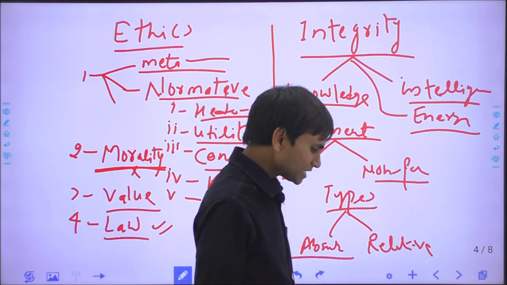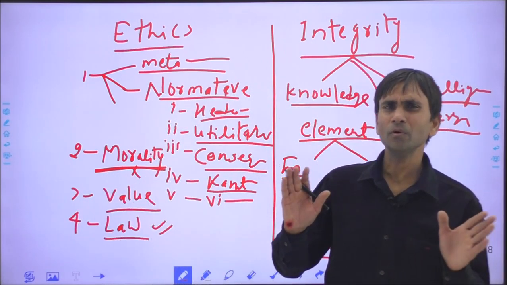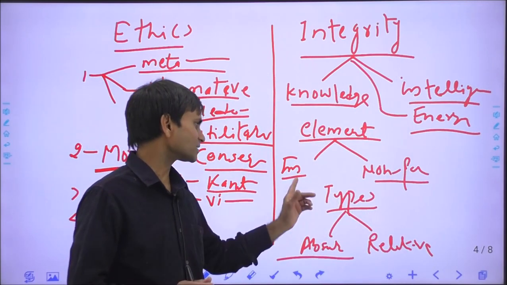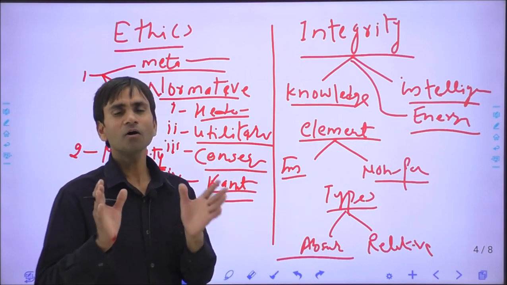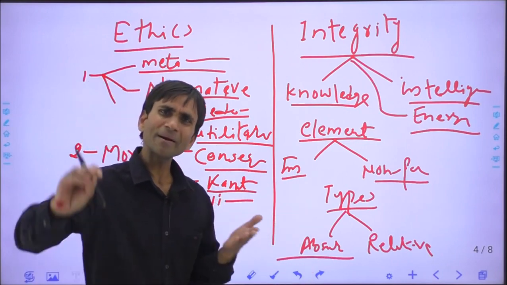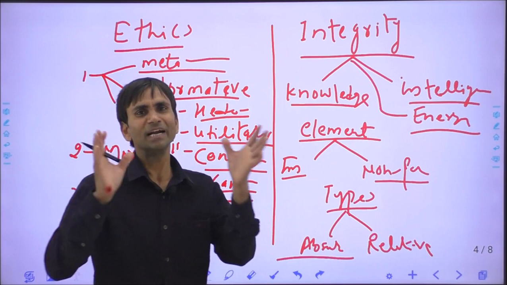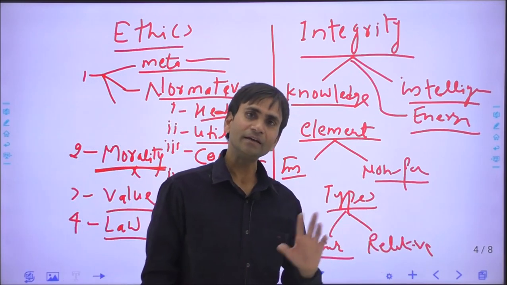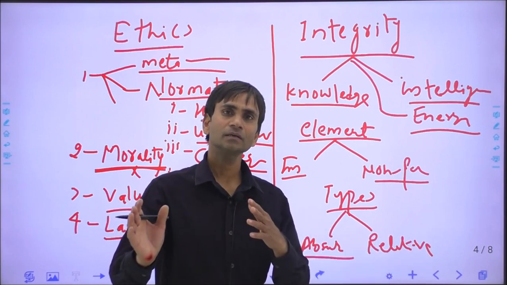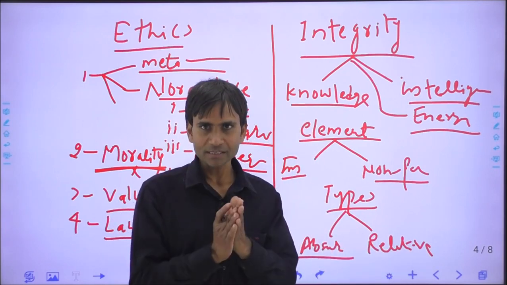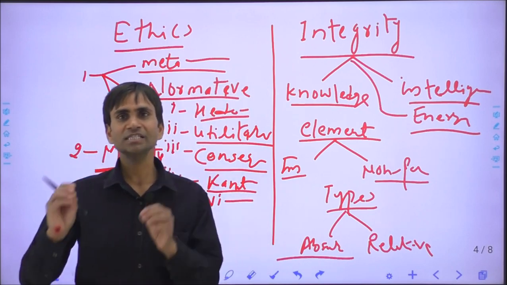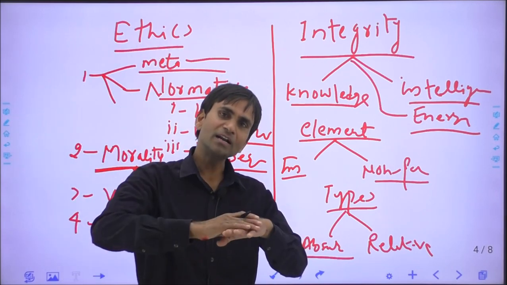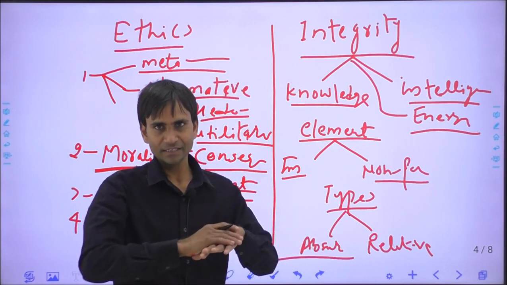Absolute integrity means there is no scope of compromising with your duties. It is 100% honesty and integrity with the official duties. There is no matter of ethical dilemmas, conflicts of interest or individual interest. But in the case of relative integrity, sometimes you compromise with your official duties, and whenever you see your individual interest, you put your individual interest over the public interest.